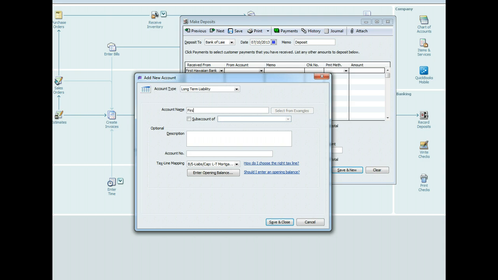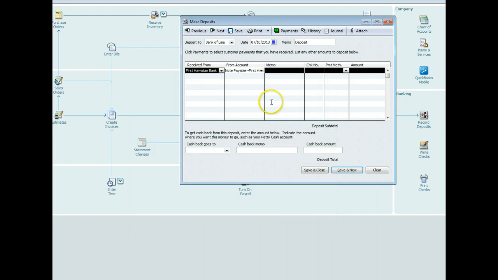And this is first, actually note payable, First Hawaiian. Won't take any more than that, so I'll just leave it right there. Save and close. Okay, so that's our note payable, and this is loan. Just leave it for loan.